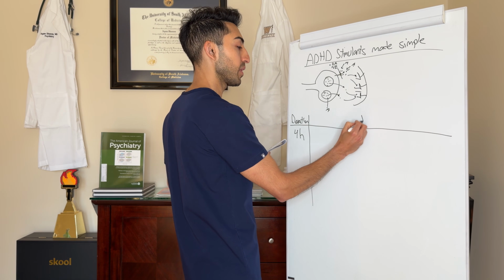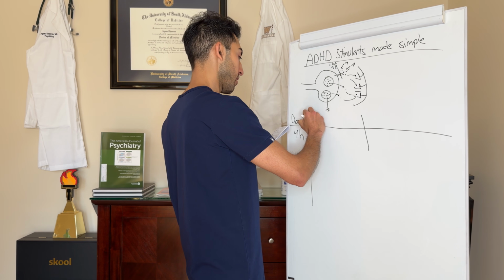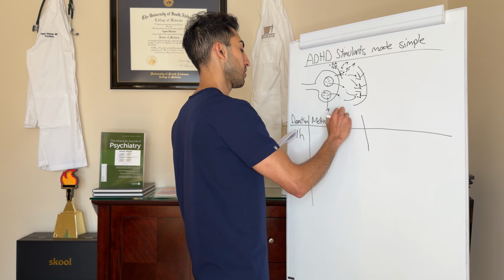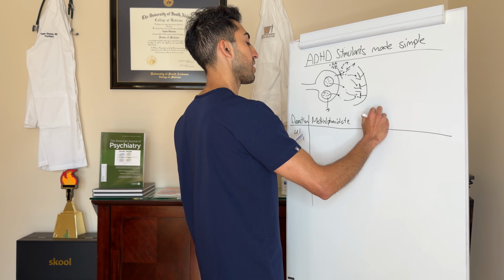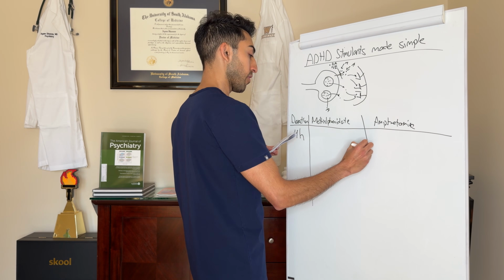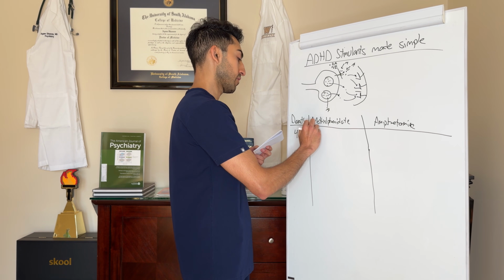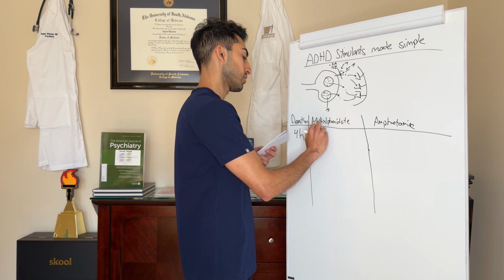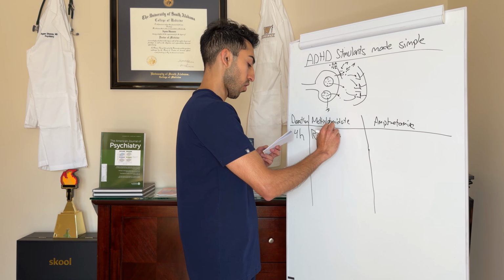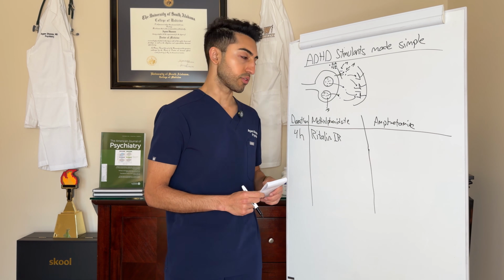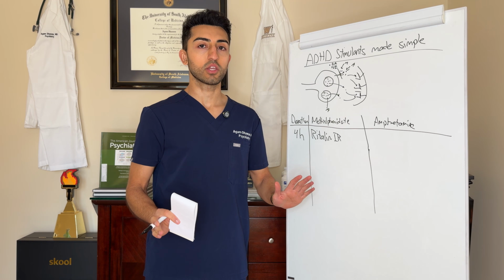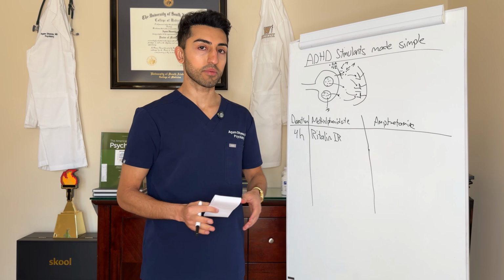So if we split our board, we have the methylphenidate, and then we have the amphetamine. The prototypical methylphenidate is Ritalin. So this is Ritalin IR, immediate release. And this is typically the most common one that you will see prescribed.